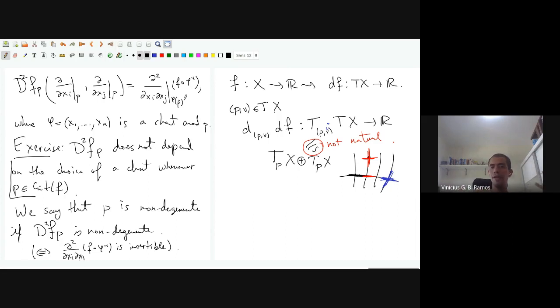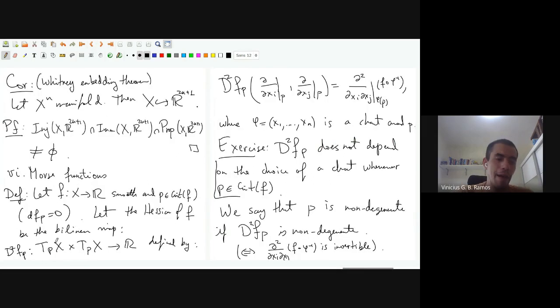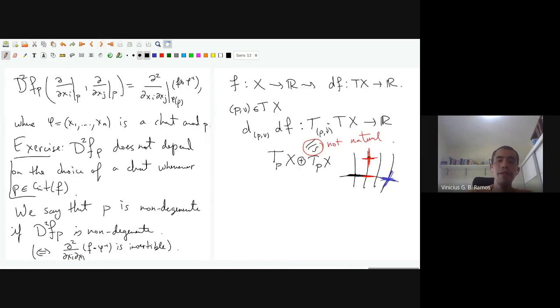If you change the basis of a vector space, you do have a bilinear map that's well defined on these vector spaces. But if the point is not a critical point, then you're going to have some extra terms that come from the derivative of f. So this is not going to change as the homomorphism of vector spaces changes. Okay?